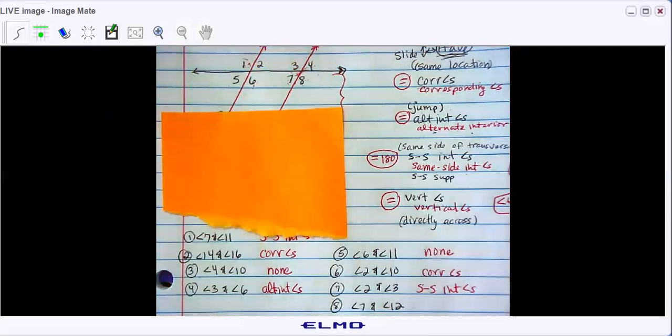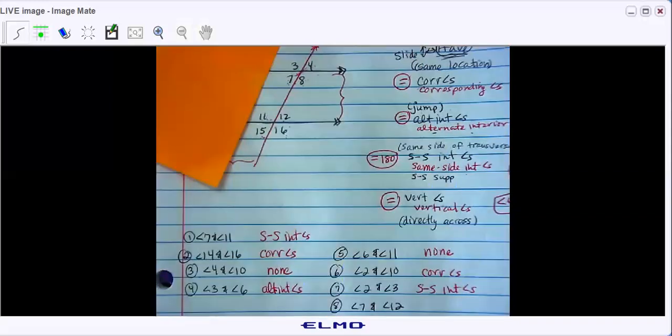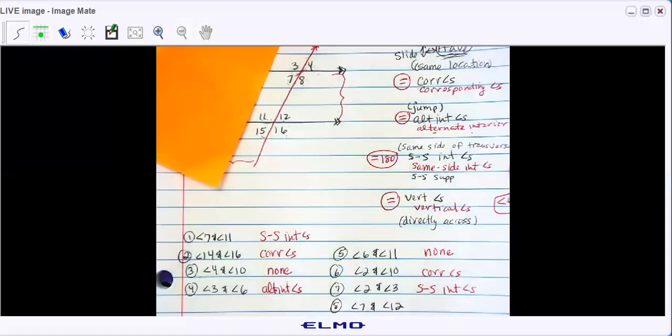Okay. Last one, angle 7 and 12. I'm going to cover up that transversal. And I'm looking at angle 7 and 12. So think about it for a minute, and somebody tell me what you think.